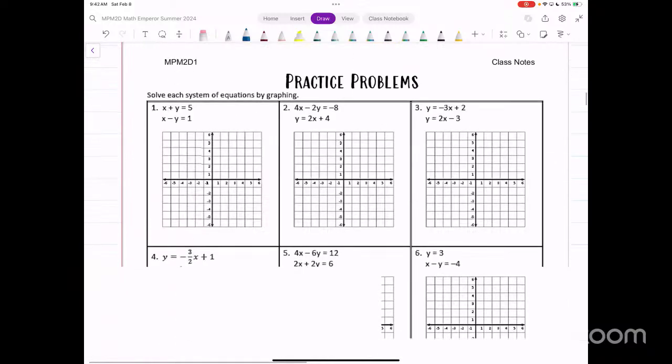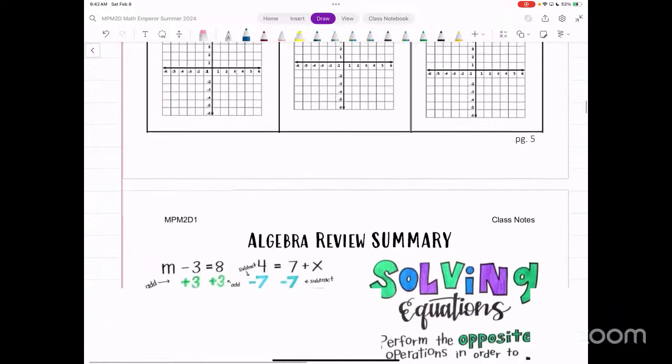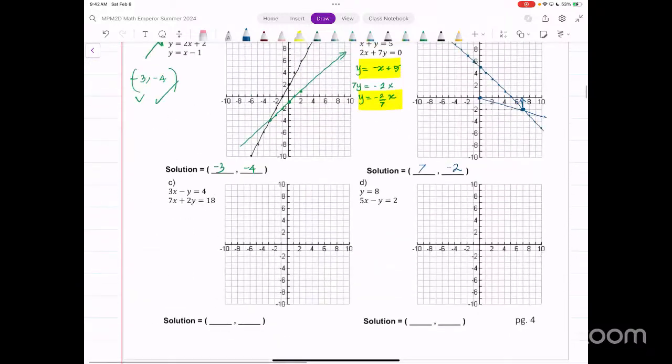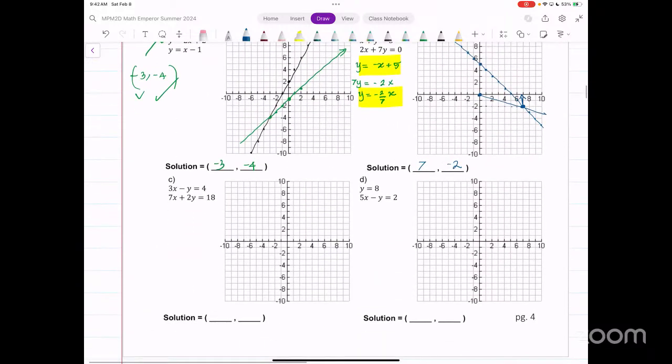So I have 2 more, and then your practice, a good amount of practice. I will just show you the different techniques. So let's go back to this one. If I move the y to the other side, y is equal to 3x minus 4. This one, if I move 2y and then move the x to the other side, let me highlight those equations. 3x minus 4.